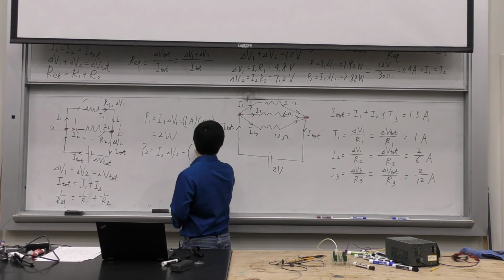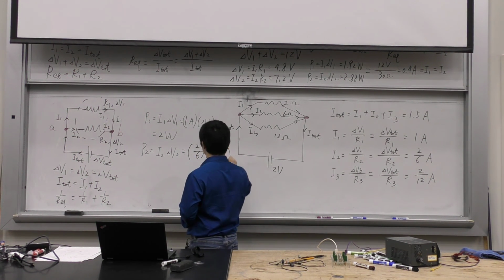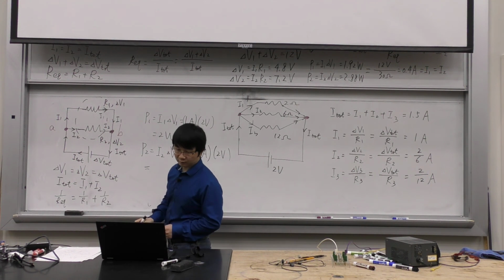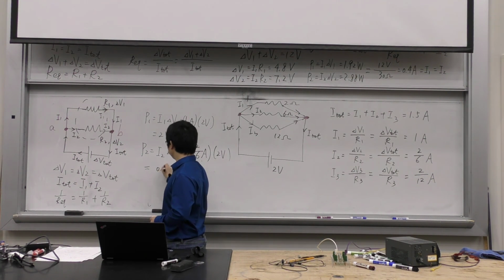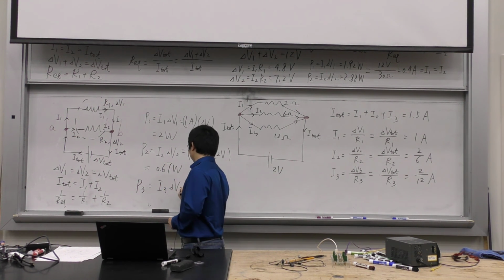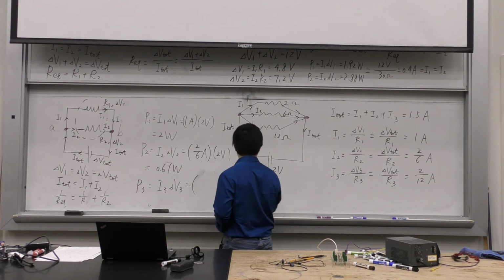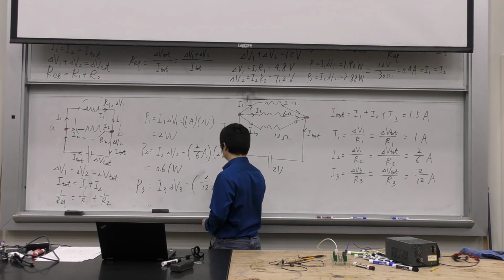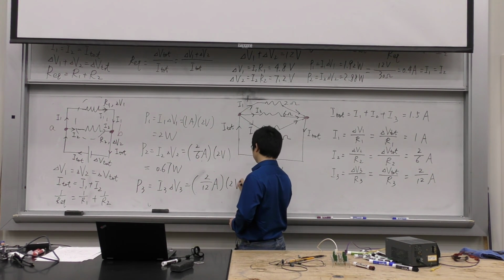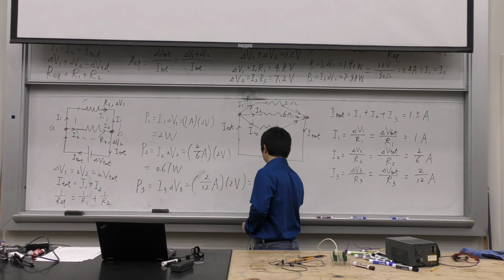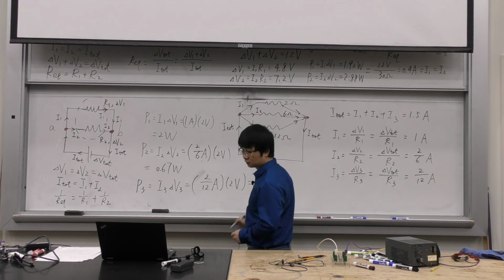It's going to be 1/3 amp times 2 volts, so this is going to give you 0.67 watts. And then the third one, what is the current? Times 2 volts. That's going to give you 0.33 watts.